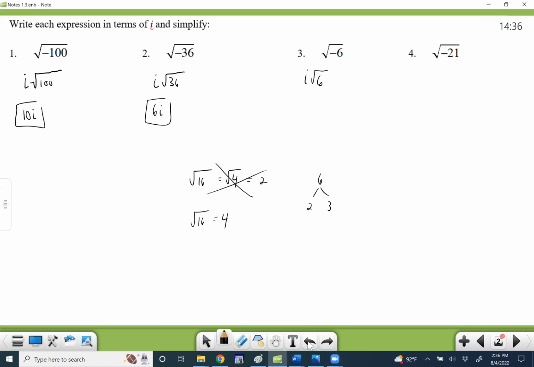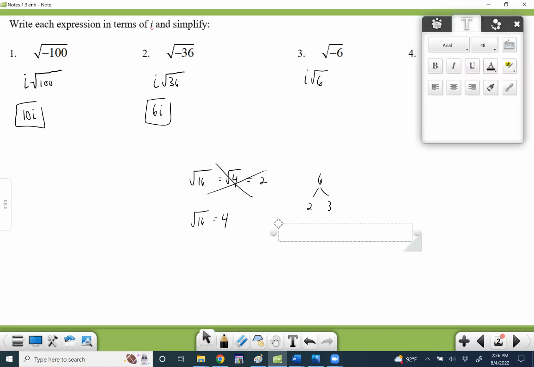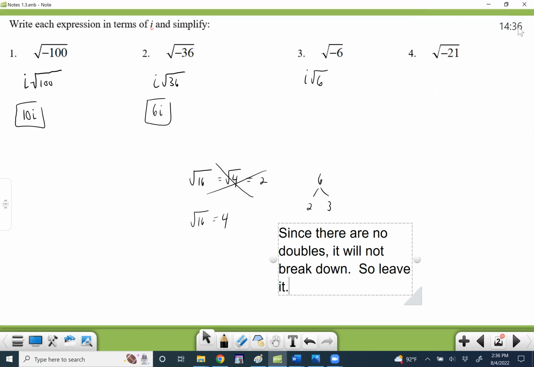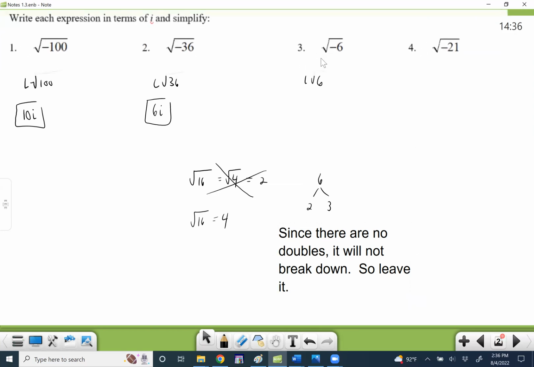So since there's no doubles, that means this number will not break down. I'll show you the second way when we get one that actually can break down, you guys.